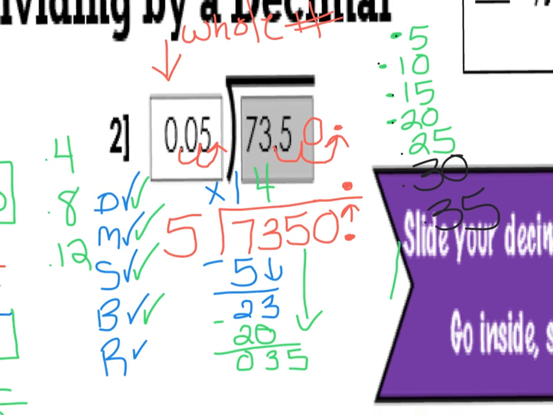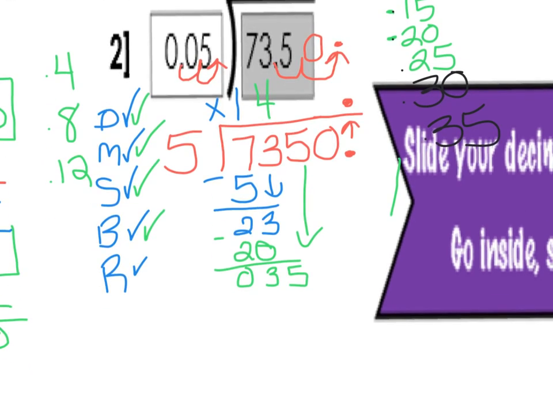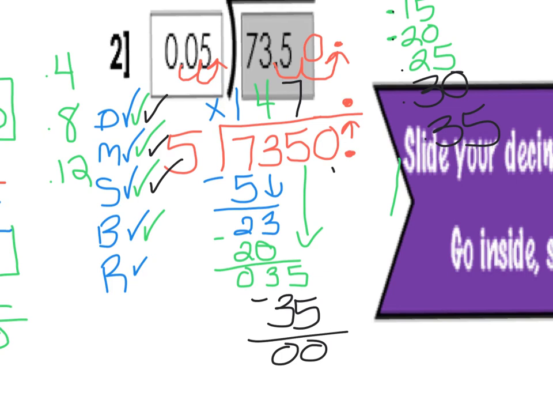We had 7 skip counts. So I'm going to put 7 above. And I'm going to now multiply. 5 times 7 is 35. And we subtract. Now, yes, we've zeroed out, but we still have a number, so we need to bring it down.